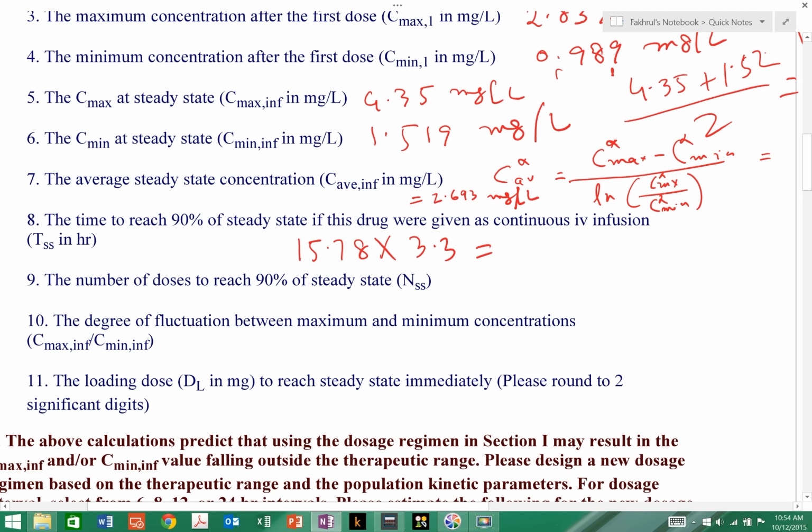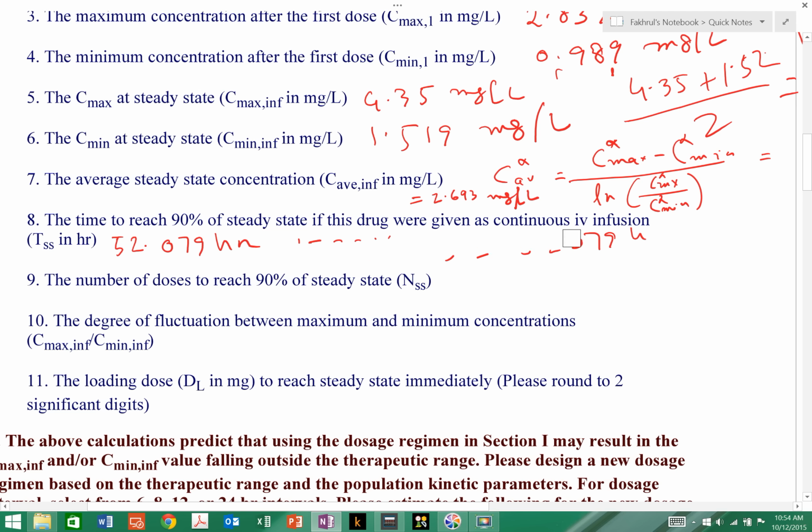This will give you the time to reach, which is called TSS, about 52.079 hour. So now your TSS, time to reach, is 52.079 hour.